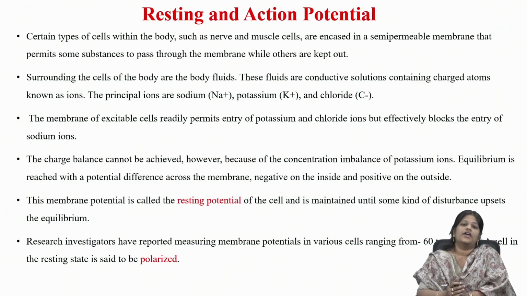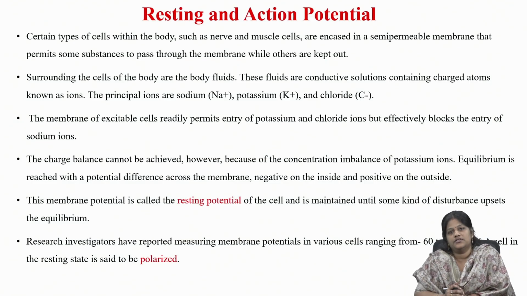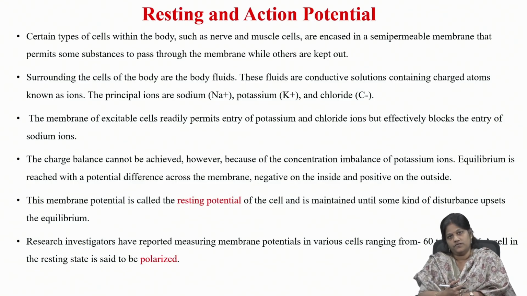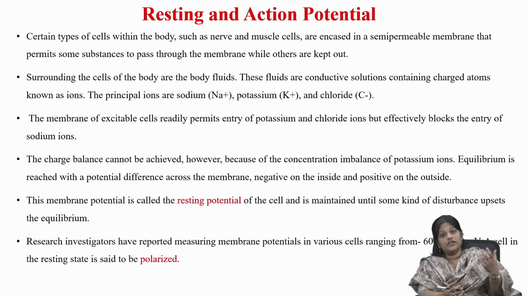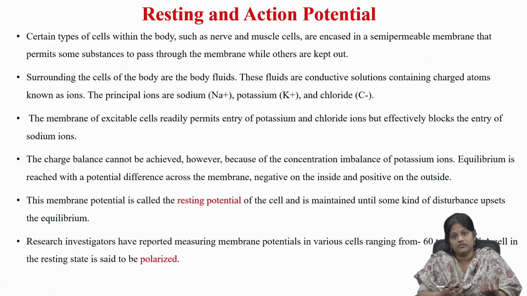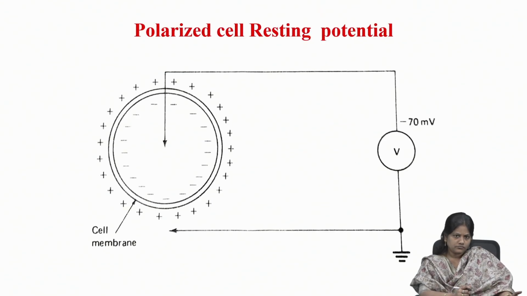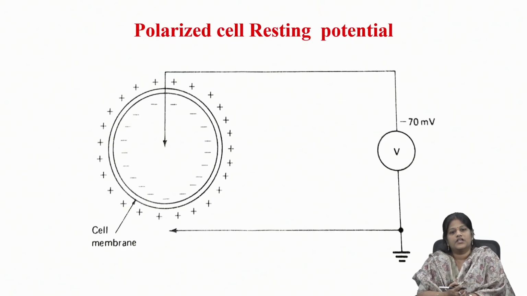The membrane of excited cells readily permits entry of potassium and chloride ions, but effectively blocks the entry of sodium ions. Because of that, there are mutual imbalances between the ions. How do the imbalances take place?